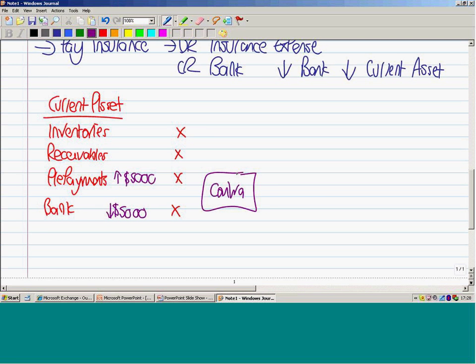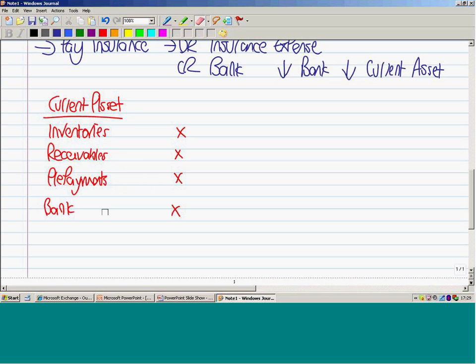I can give you another explanation of why the prepayment is a current asset. I can't remember which one of you did it, but you said, well, actually, if that company went bust or went under, effectively we would get that money back. Well, let's go with the same example we've got up here: we've got an insurance.